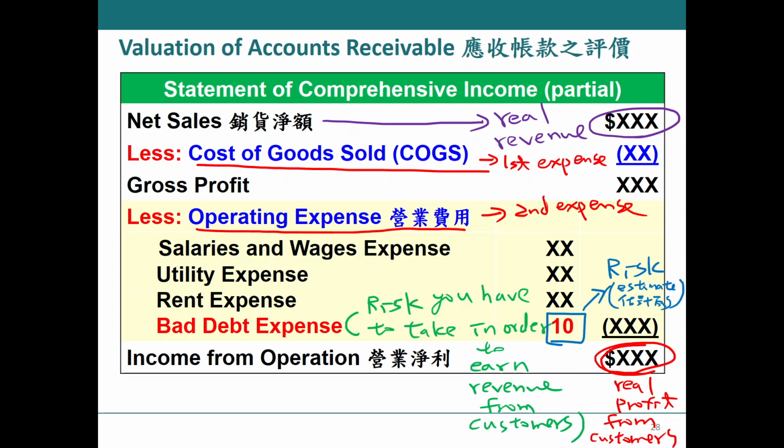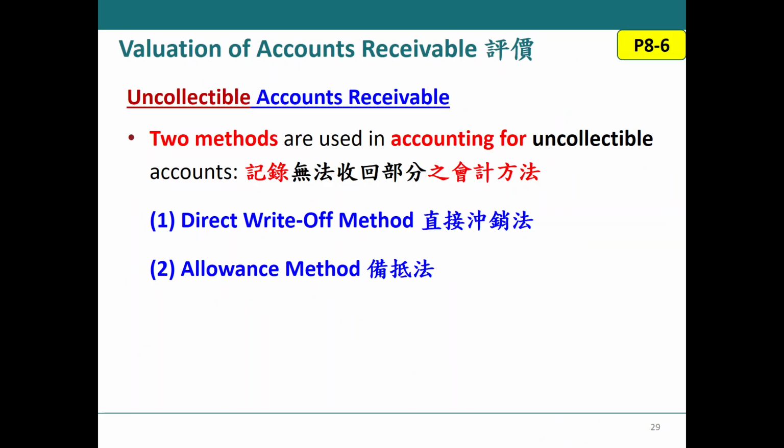So how to do it in the accounting way? What's the process we have? Okay? So we have two methods on your page 29. First method, the direct write-off method, 直接冲销法。Second method, the allowance method, 备抵法。We have two methods to tell you how to record the risk in the accounting way.